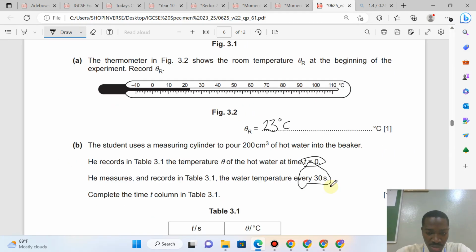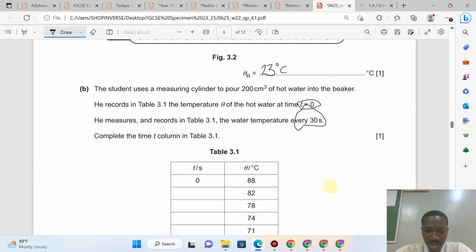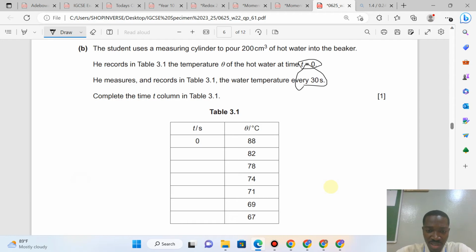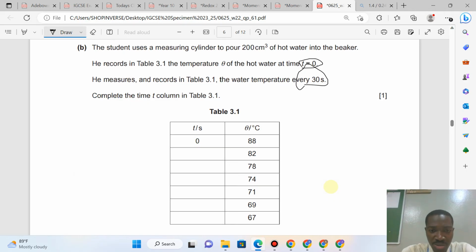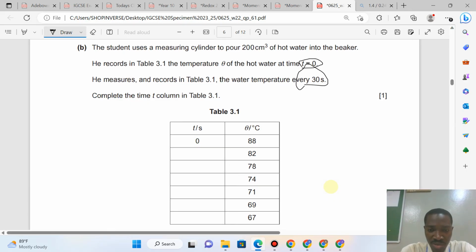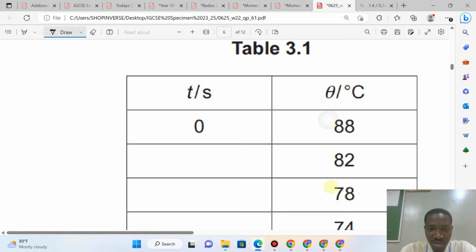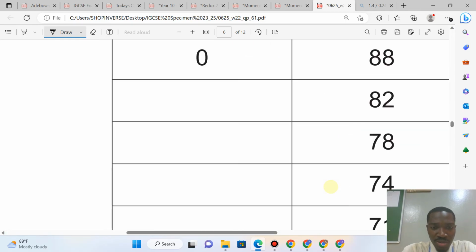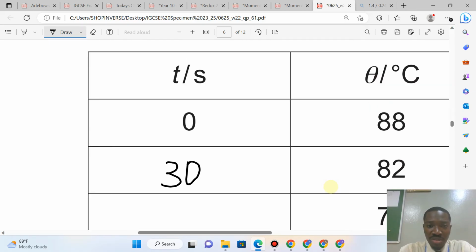Now let's look at our table 3.1. Okay, the time t equals 0. Since it's every 30 seconds, that means when time is 30, let me zoom in so my handwriting will be better. So we put 30 here. Let us check the SI unit written at the top of the time axis. It's in seconds.